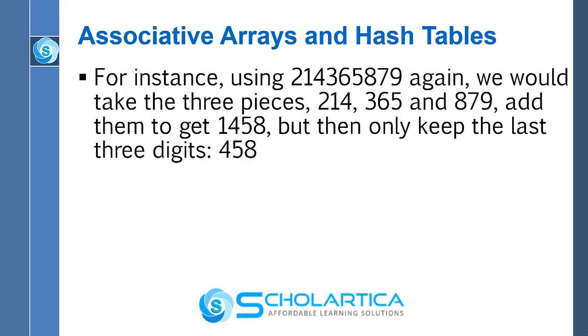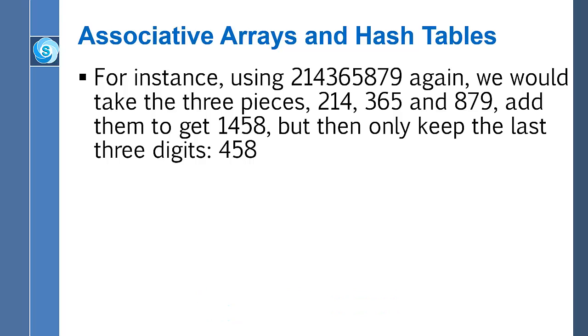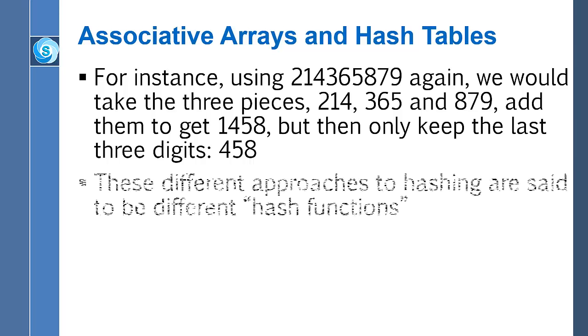Okay, so under this hashing scheme, the key 2143658879 would get hashed to the index 458. That is an example of a hash function.